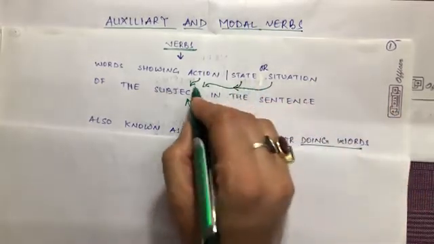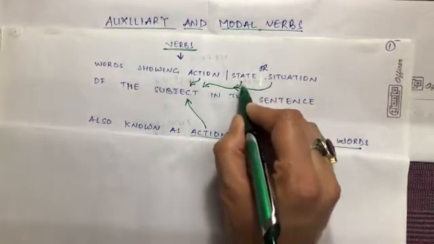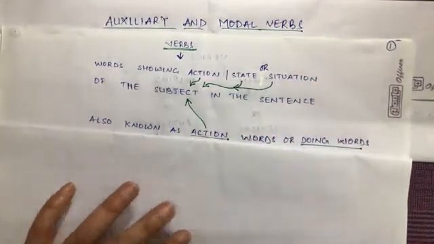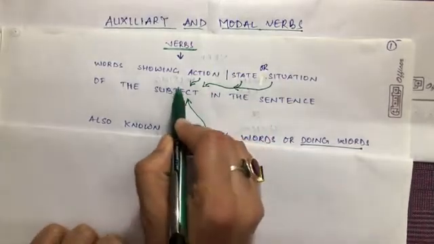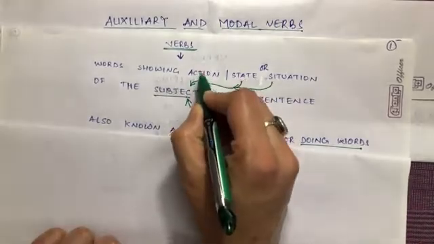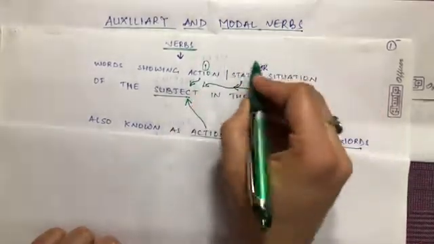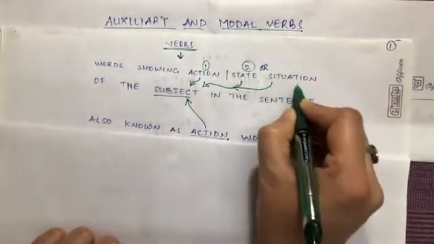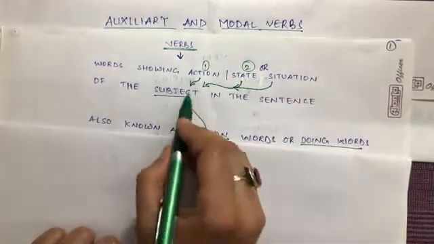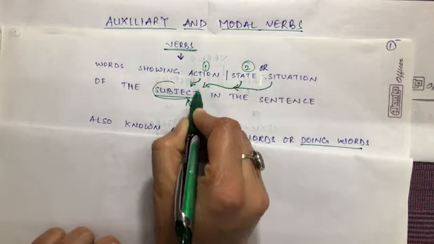They talk both about state and situation. So verbs are words which represent firstly action, and second the state or situation in which the subject is.